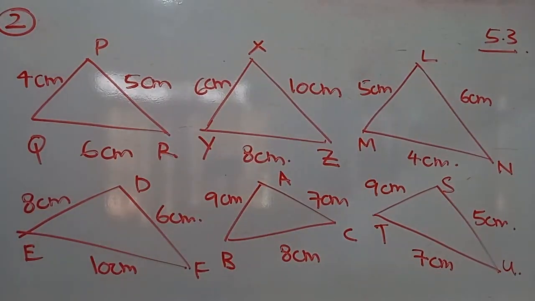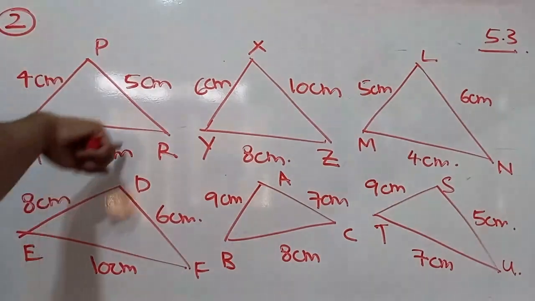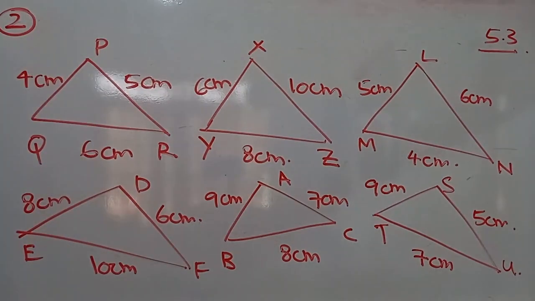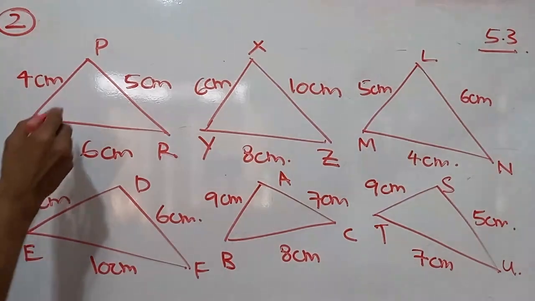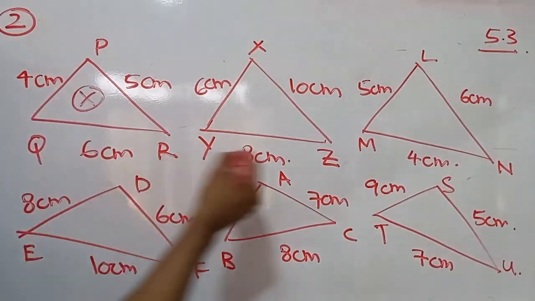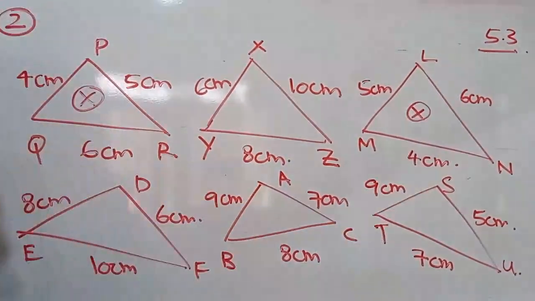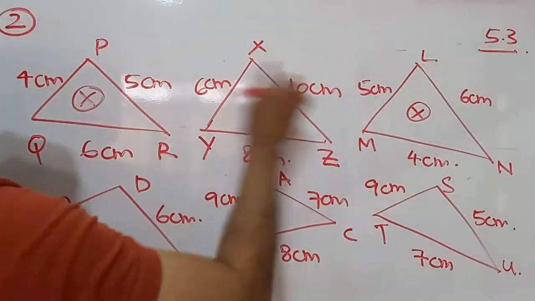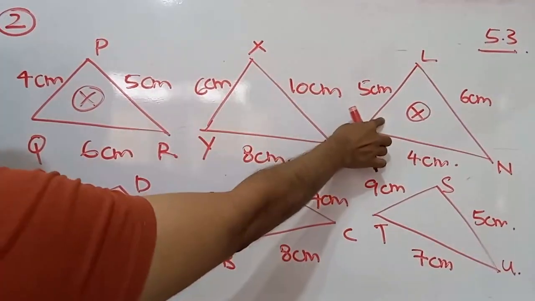So we can say PQR triangle. If we take the PQR triangle and LMN triangle, right? These two, what? They have similar sides, no?